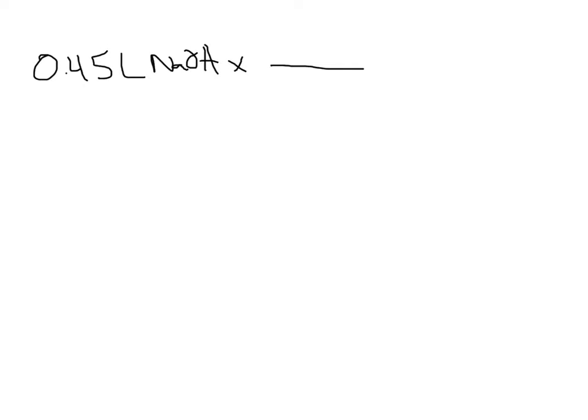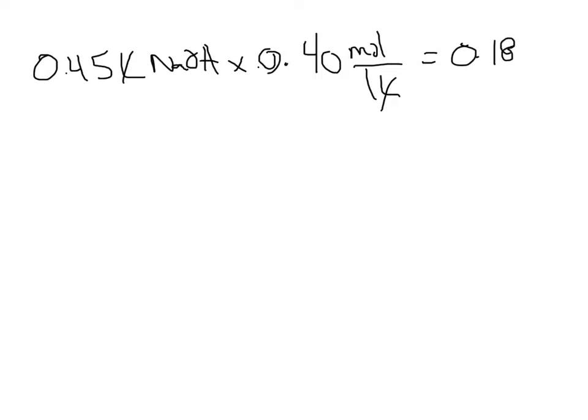What that means is I've got 0.40 moles of sodium hydroxide for every 1 liter. That allows me to factor out my liters. So that's going to leave me with 0.18 mole of sodium hydroxide.